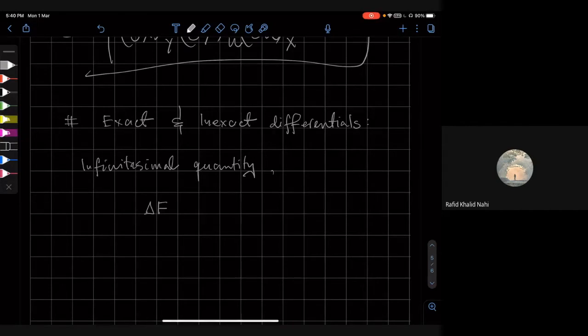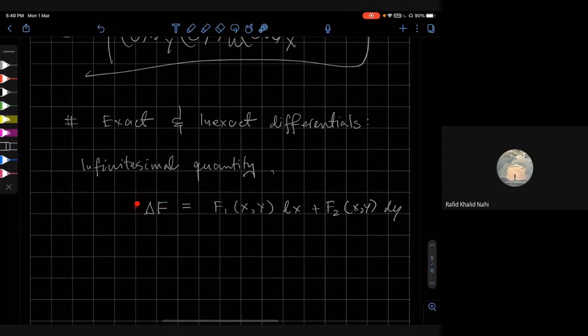I'm kind of making up this notation, but we have some function f1 of x and y times dx, and some other function f2 of x and y times dy.